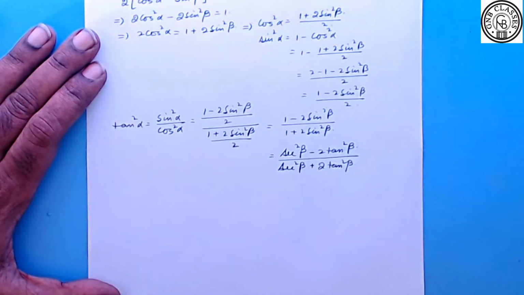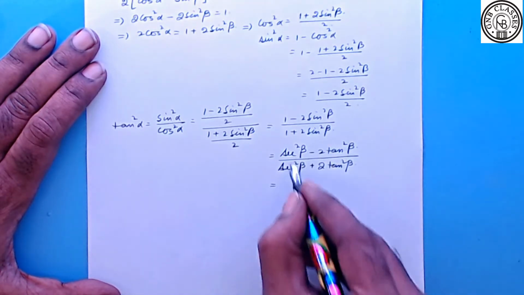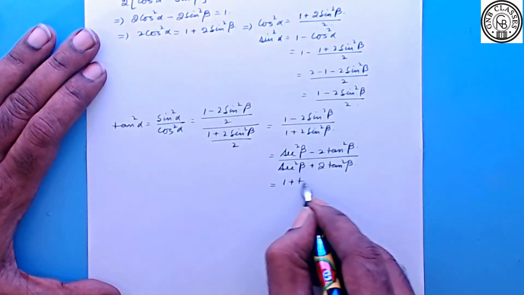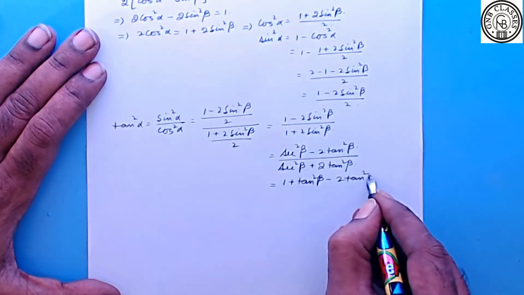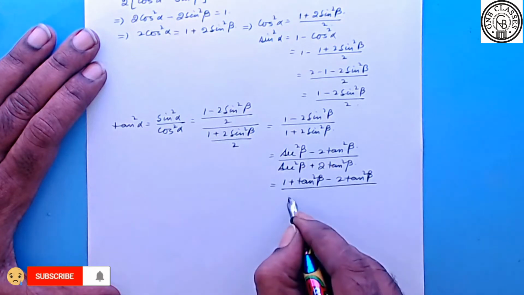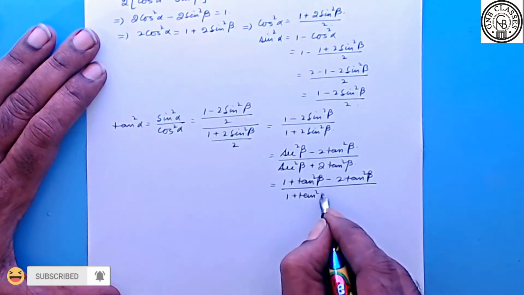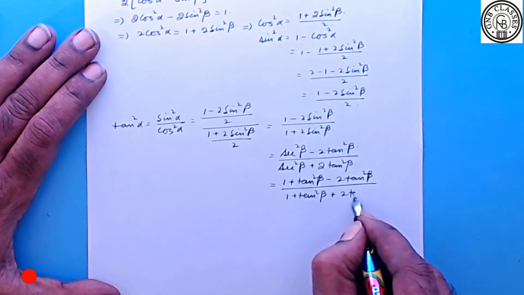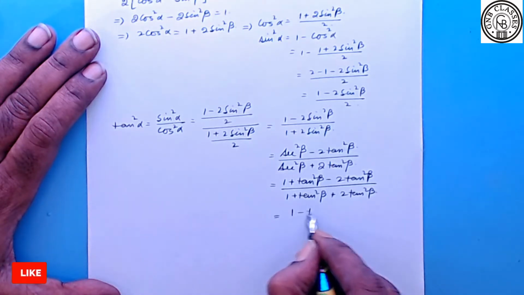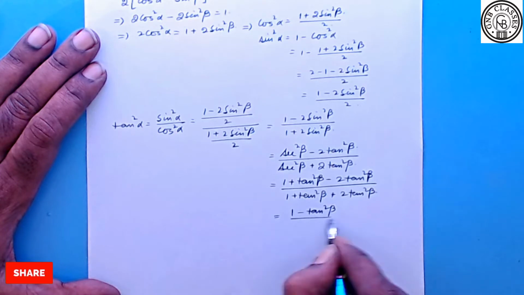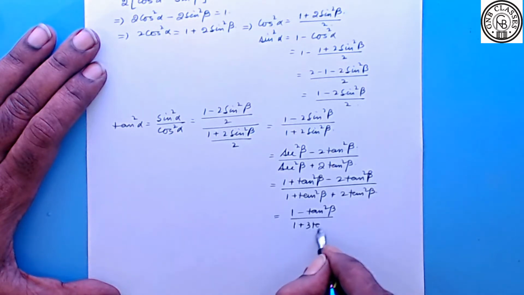Is it clear? I have divided numerator and denominator by cos square beta. Sec square beta can be written as 1 plus tan square beta, so 1 minus tan square beta by 1 plus 3 tan square beta.